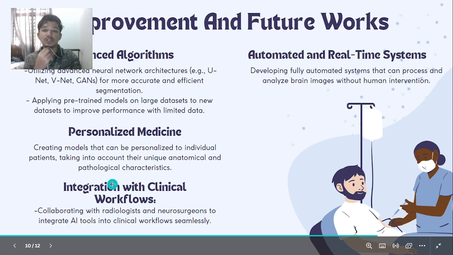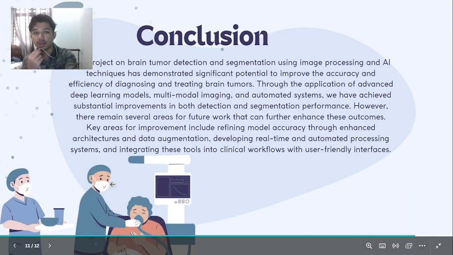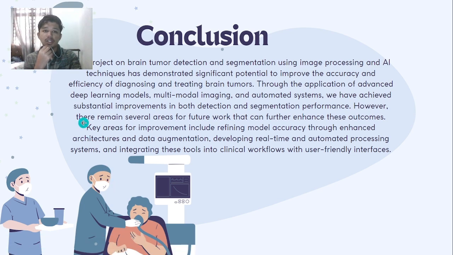Okay, the conclusion for this project is that the project on brain tumor detection and segmentation using image processing and AI techniques has demonstrated significant potential to improve the accuracy and efficiency of diagnosing and treating brain tumors through the application of advanced deep learning models, multi-modal imaging, and automated systems.